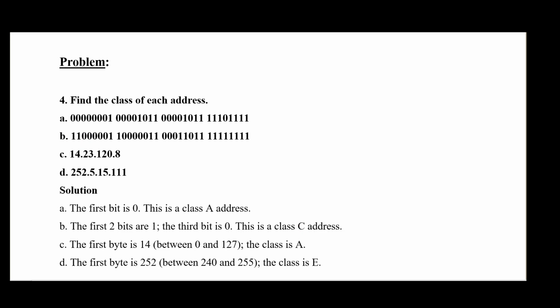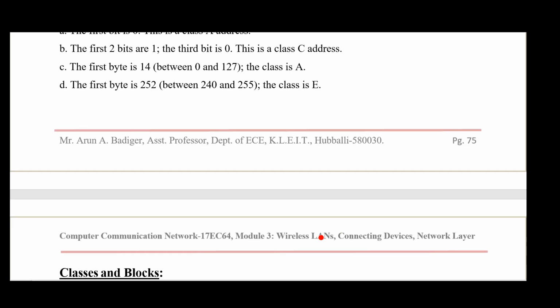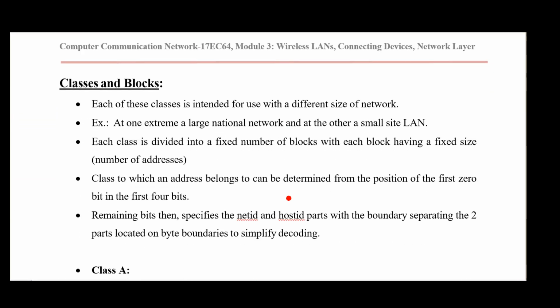For problem C, it is 14. 14 lies under 0 to 127. Therefore it is class A. For D it is 255. 255 lies in the last range, 240 to 255. Therefore it falls under class E. Like this we can identify the different IP classes.